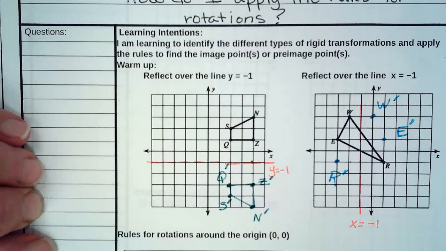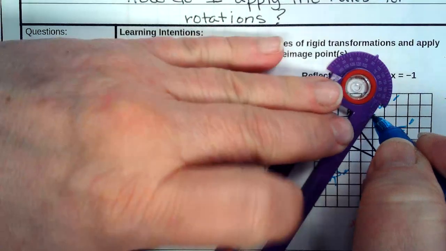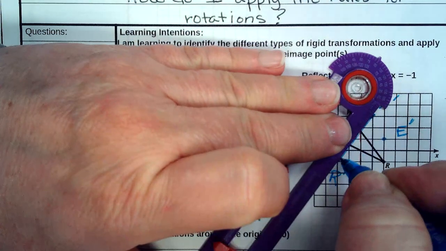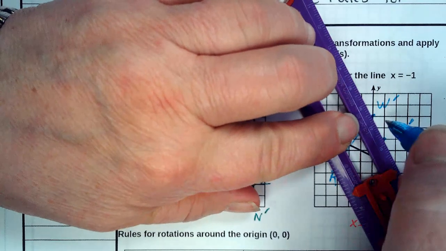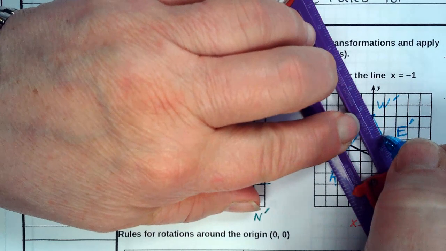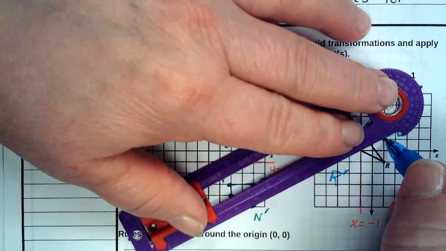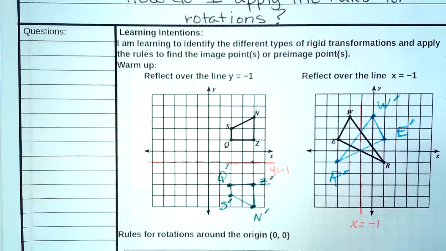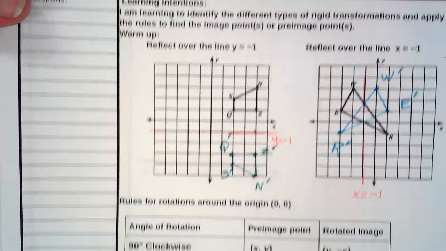Connect your dots. And we are done. So when you're reflecting, it's a lot of counting. You count to your line of reflection and then you go an equal distance to the other side.